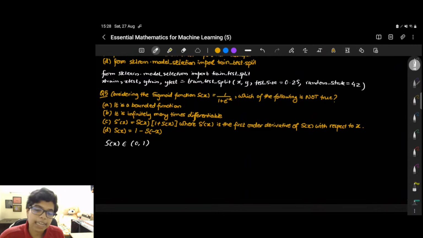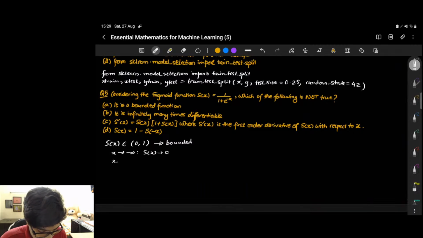It lies between 0 and 1, so it has a lower limit and an upper limit, and all the values lie in between. If x tends to negative infinity, the sigmoid function tends to 0, and if x tends to positive infinity, it tends to 1.